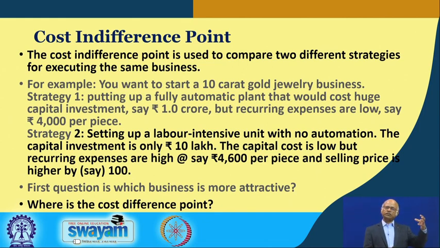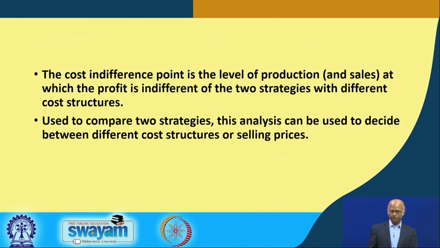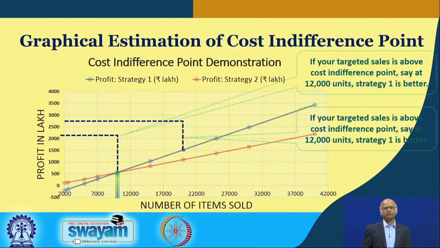Meaning the fixed cost is high for one company, fixed cost is low for another, variable cost is low for one, variable cost is high for another, but then there will be one point where the profit will meet together. That is cost indifference, meaning that profit is indifferent of cost. So, the cost indifference point is a level of production and sale at which the profit is indifferent of the two strategies. These are cost strategies.